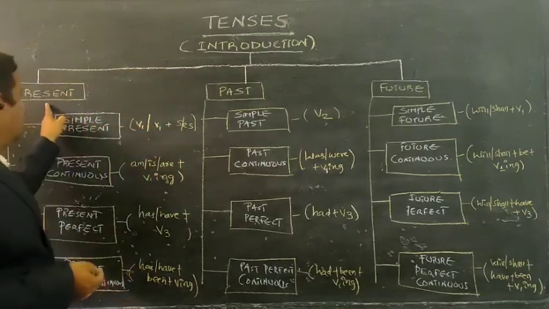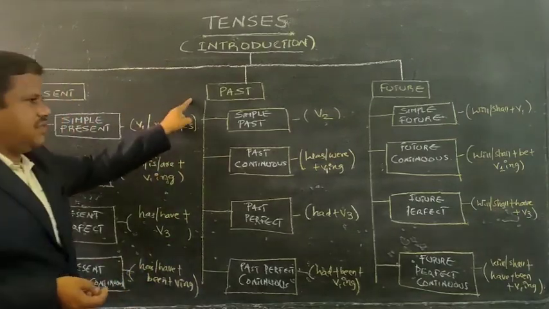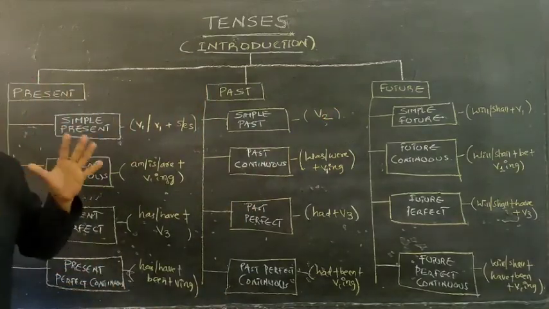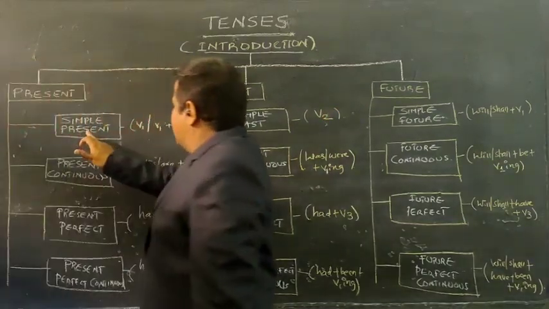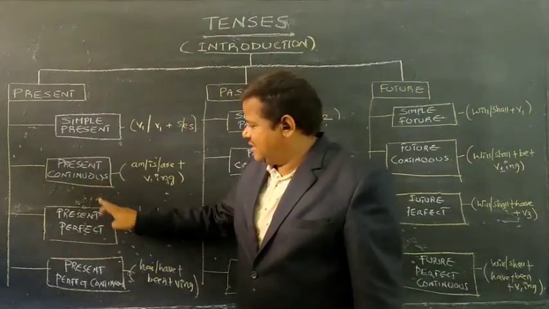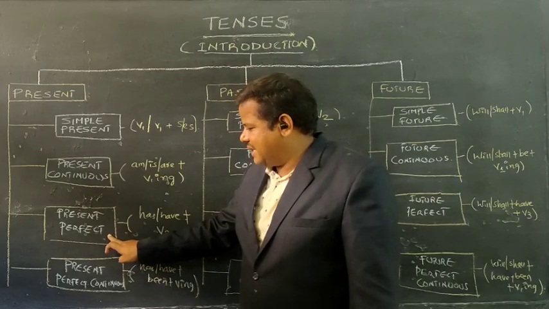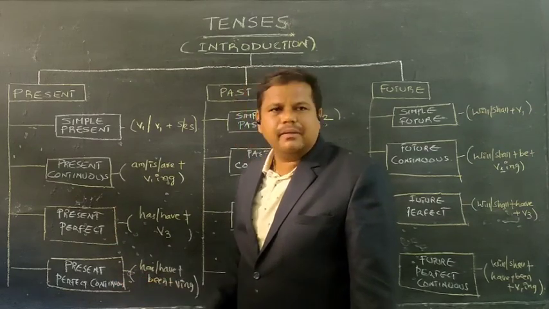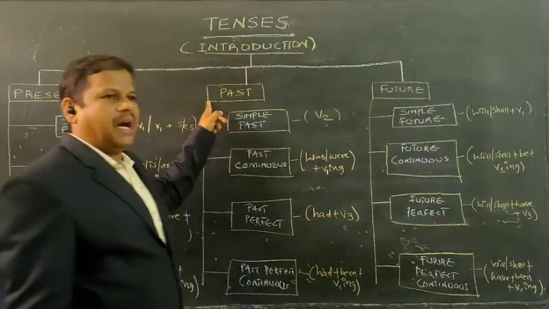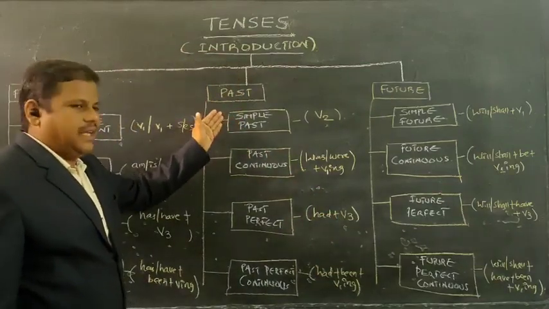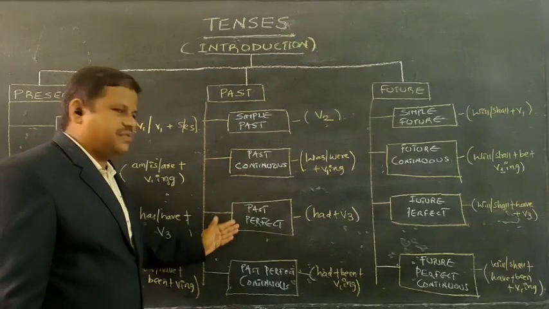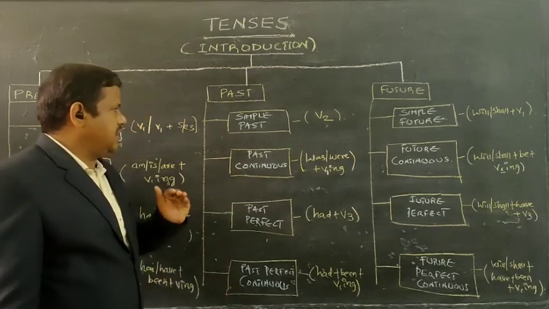See first the present form, past form and the future form. The present form is classified into four types: simple present, second present continuous, third present perfect, fourth present perfect continuous. Coming to the past tense, the same thing: simple past, past continuous, past perfect, past perfect continuous.